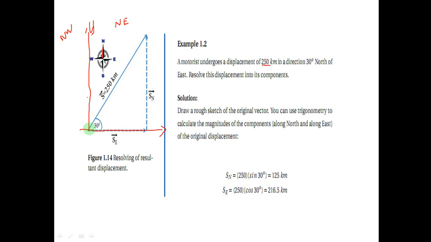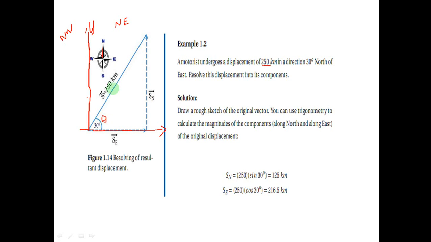From the center, northeast of 30 degrees means you must always draw your theta relative to the x-axis. So northeast of 30 degrees means theta is 30 degrees.